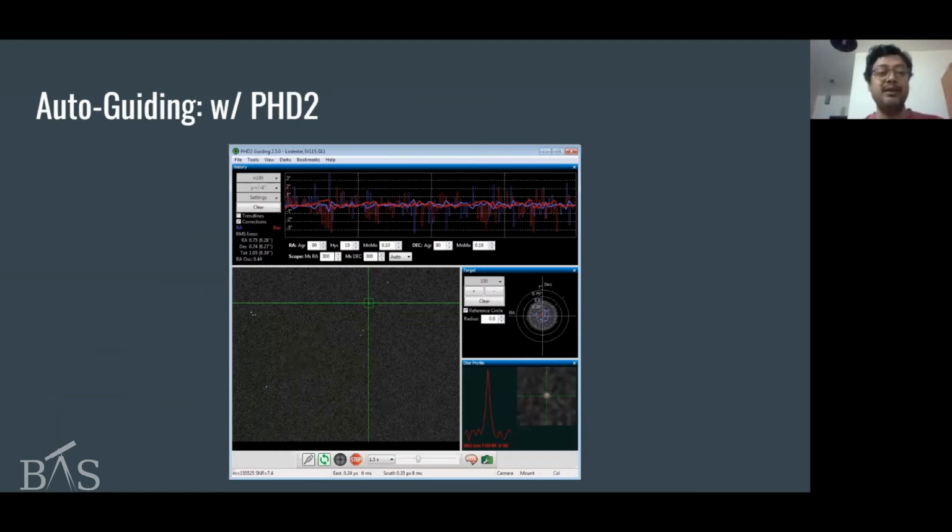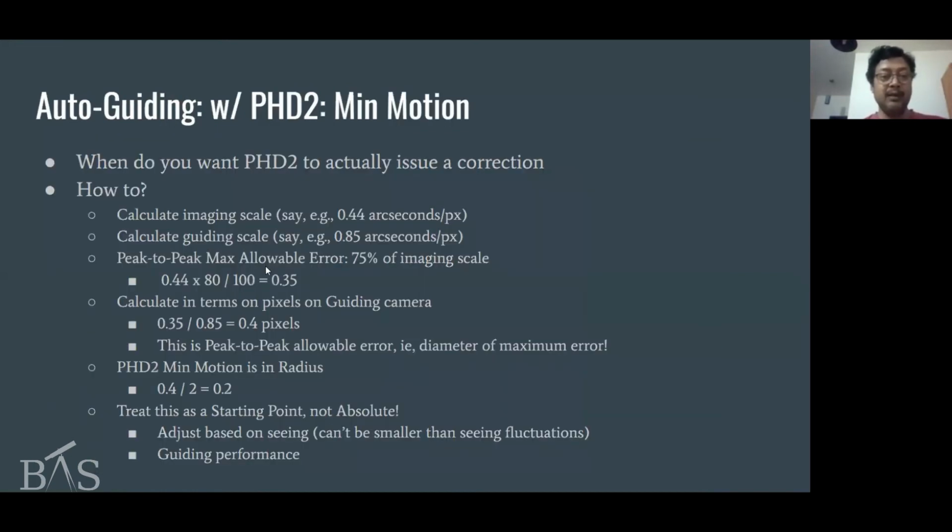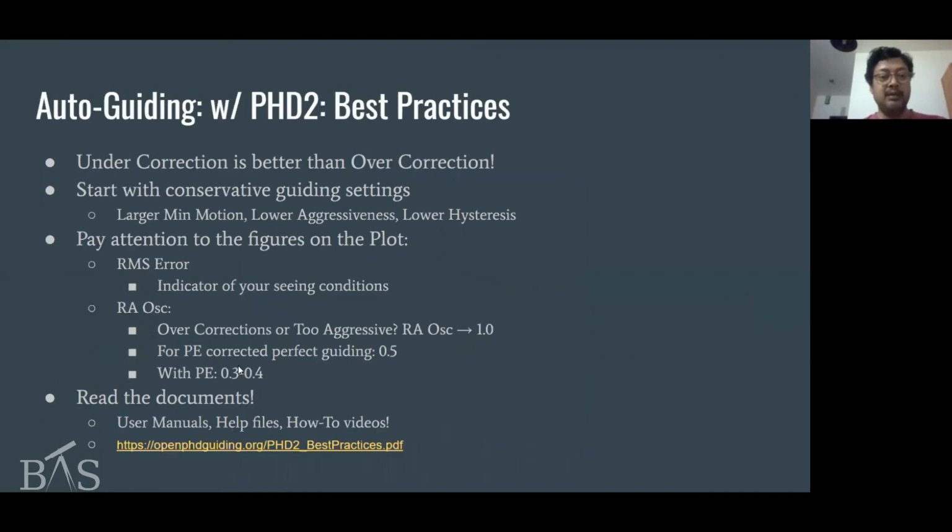And you look at the RA oscillations. If it is 0.5, then only you have perfect guiding. Normally, you can expect or try to have this value within the 0.3 to 0.4 range.